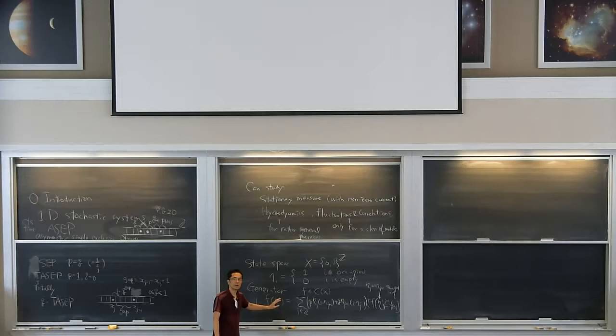I don't really explain the general construction of the time evolution for ASIP on Z, but for this kind of thing, you should refer to the famous book by Liggett, for example. But more practically, we should think that this generator gives us a way to calculate the time evolution of the expectation value.